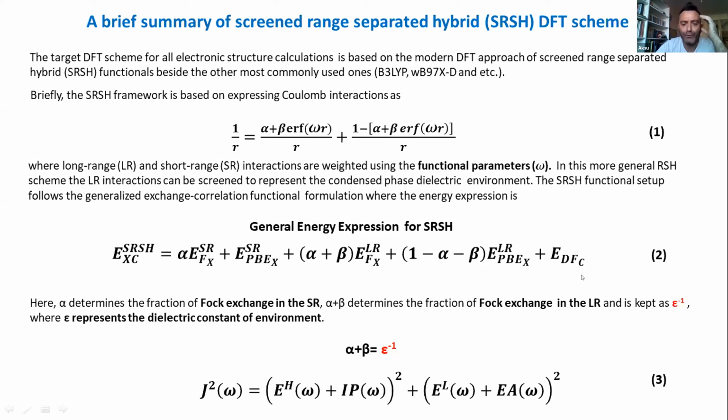Equation 2 shows the general expression of the energy for SRSH. Alpha determines the fraction of Fock exchange in the short range.